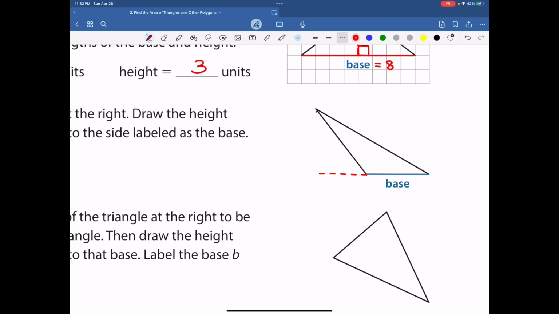And then when we drop the height from the top of the triangle, you can see that it will still meet at a perfect square corner with the base. So this is the base right here. Oops, let me switch that to a solid line. And here is the height.